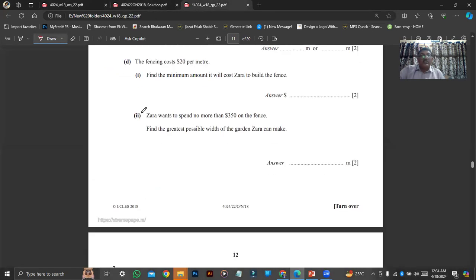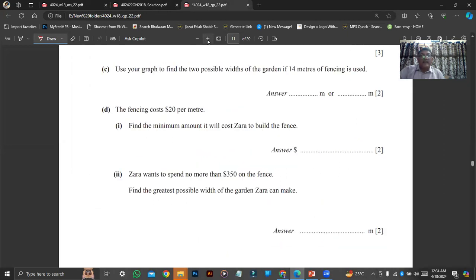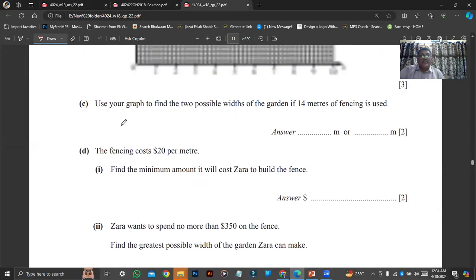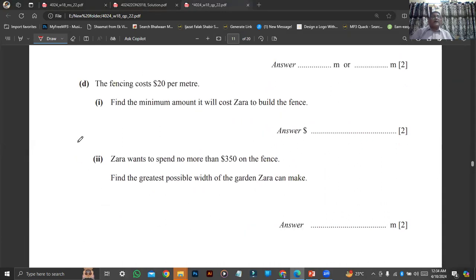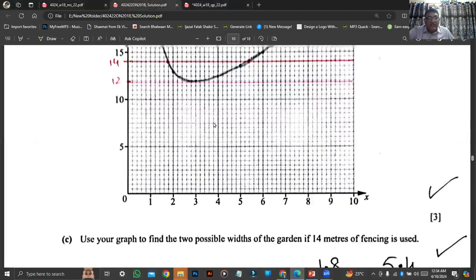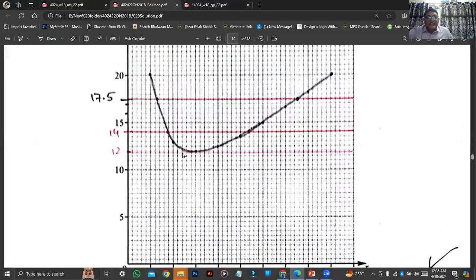Okay, then the next question is the D part. He says the fencing costs $20 per meter. Find the minimum amount it will cost Zara to build the fence. So I will check where the minimum fence is, somewhere here.